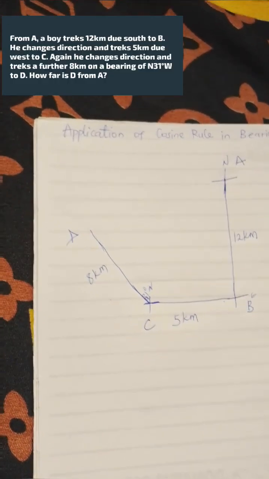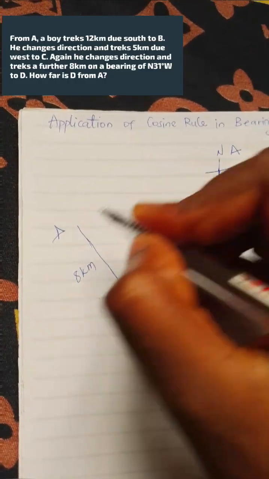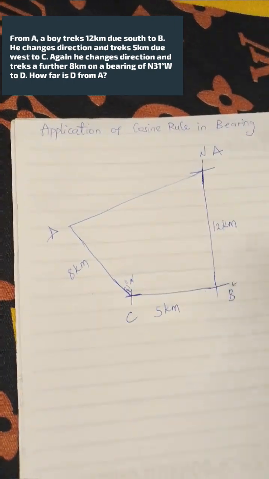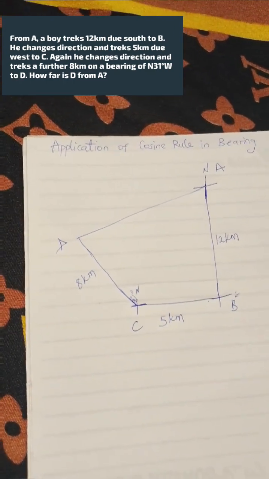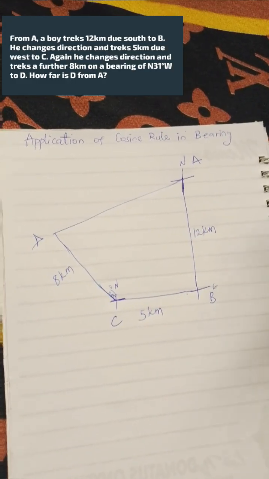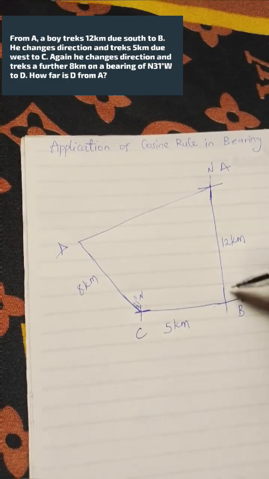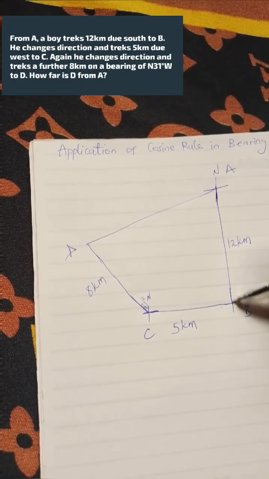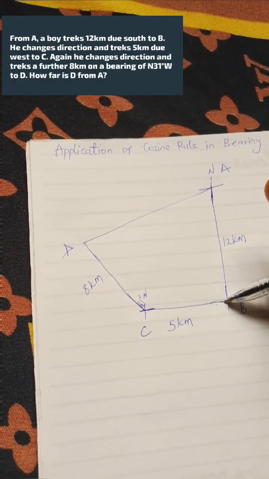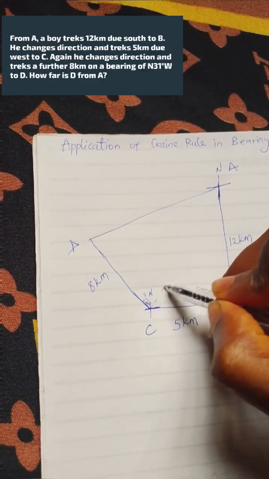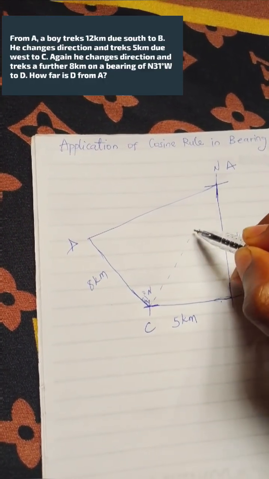So what we have to do is connect these two points together. When I connect it, this is what I'm going to have. But if you look at this shape, it is not a triangle. Since this here is a right angle, because it is exactly due north and due south, I can produce a line here.